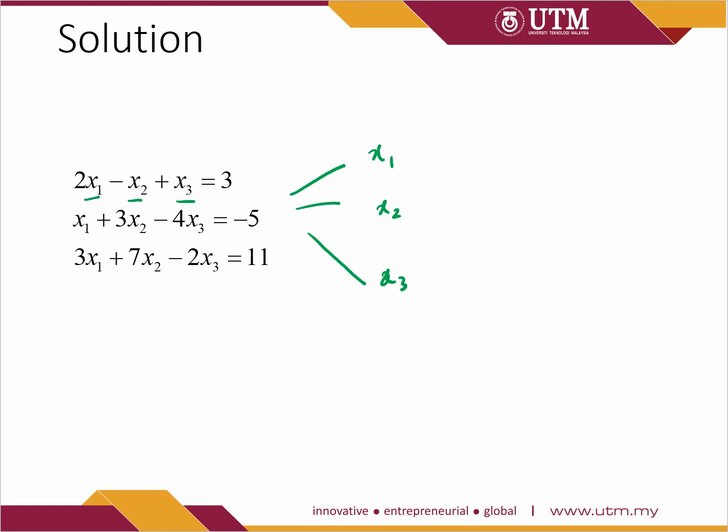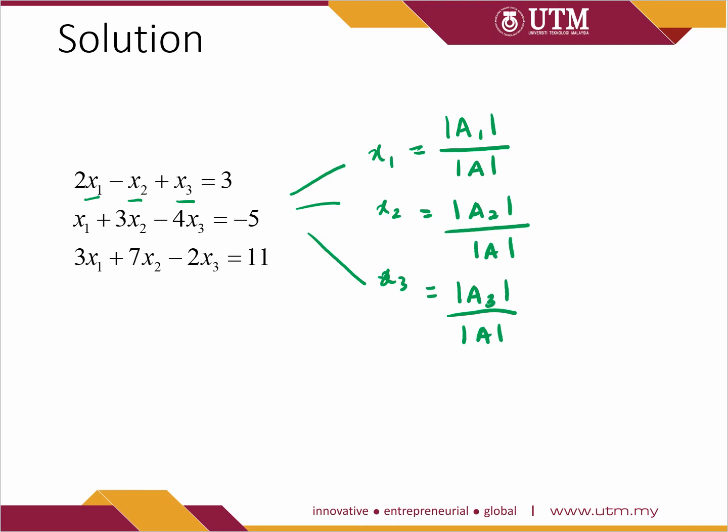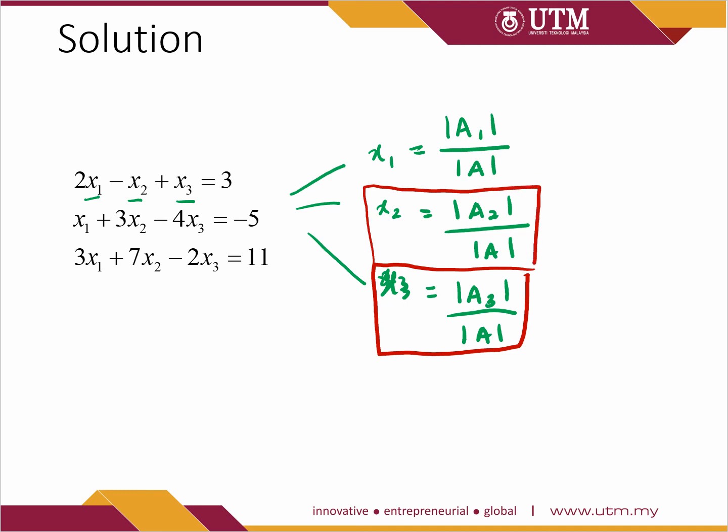Using Cramer's rule, to find x1 you have to find the determinant of matrix A1 divided by the determinant of A, then the determinant of A2 divided by the determinant of A, and the last one is the determinant of A3 divided by the determinant of A to find the variable x3. This is the formula to find x2, and this is the formula to find x1.